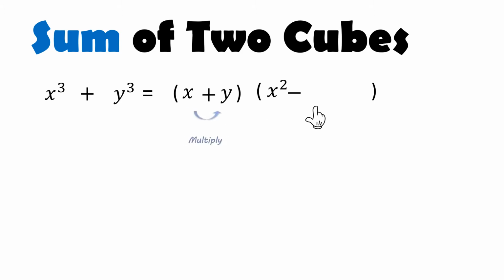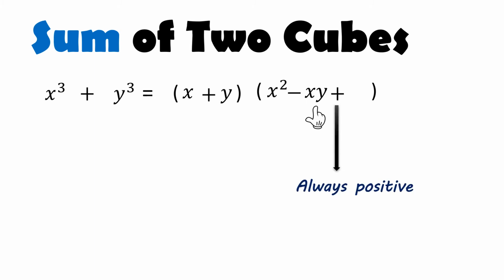For the second term, we are going to multiply the first and the second term of the binomial. So x times y is equal to xy. Write down the operation plus because it is always positive.